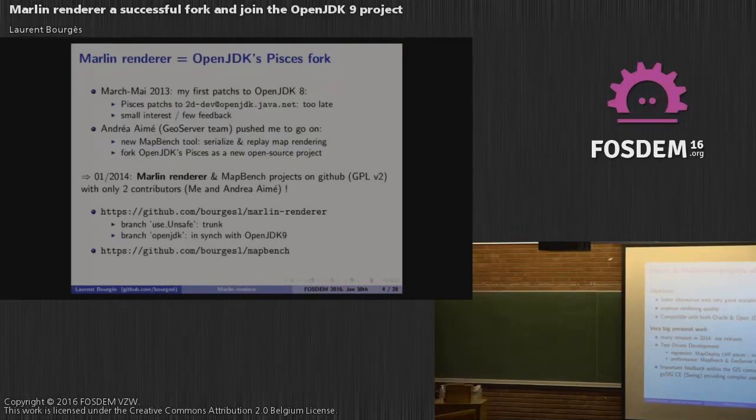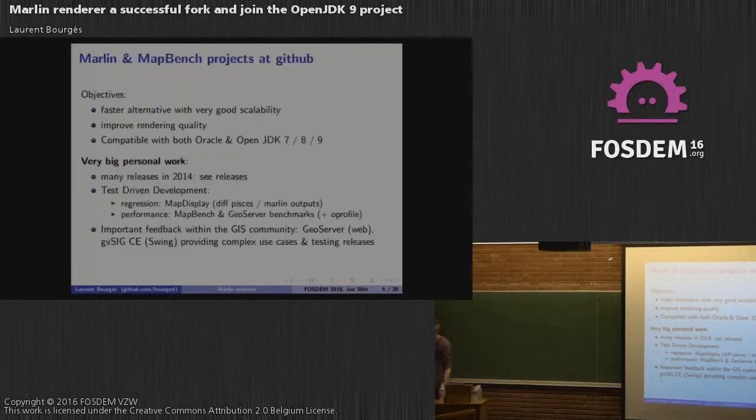The objective: be faster, possibly improve the visual quality of the rendering, and stay compatible with Oracle OpenJDK 7, 8, 9, any version. It was a very big personal effort. We made several releases in 2014. And as I said, it was test-driven development. With the regression tool, I made a map display which compares the outputs between renderers to stay compatible pixel by pixel.